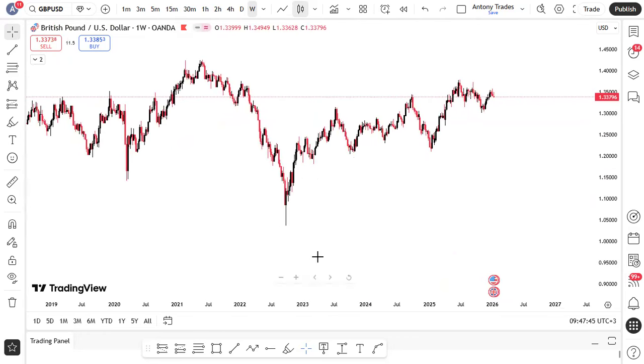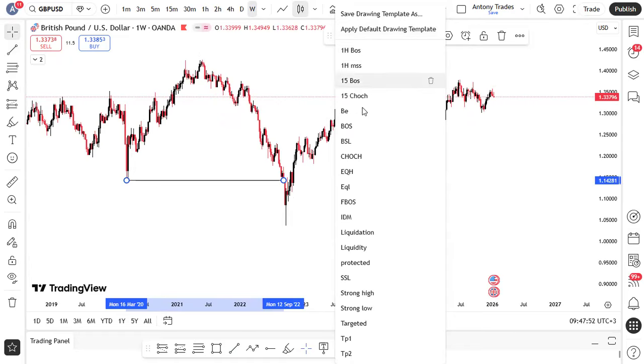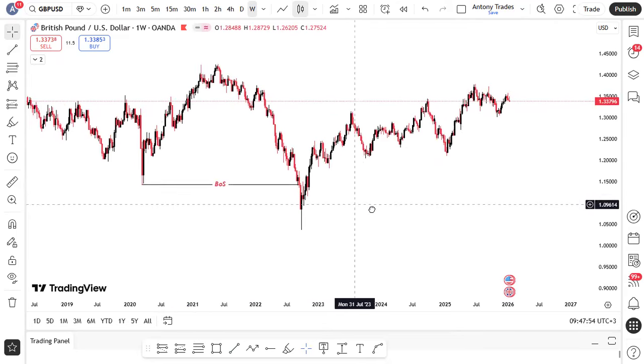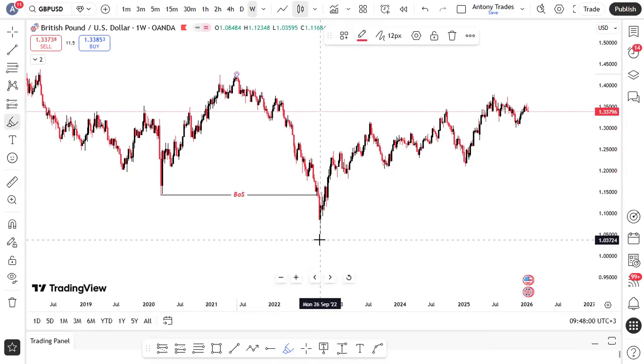So what we can see, this is our last break of structure. Meaning this is our swing structure, that is our swing high, and this is our swing low.